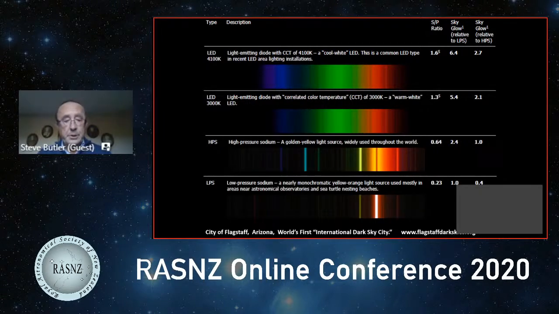And a low pressure sodium light source, which is favoured by astronomical observatories because it's relatively easily filtered out of observations, would come in at about 1800 degrees Kelvin, almost the equivalent of a candle burning. Though the low pressure sodiums are no longer being manufactured worldwide.